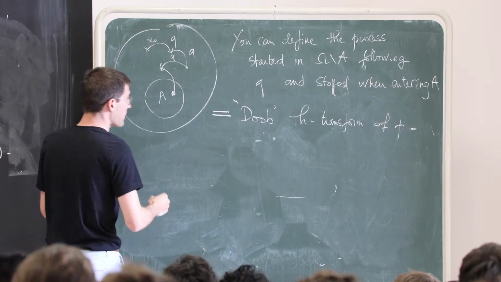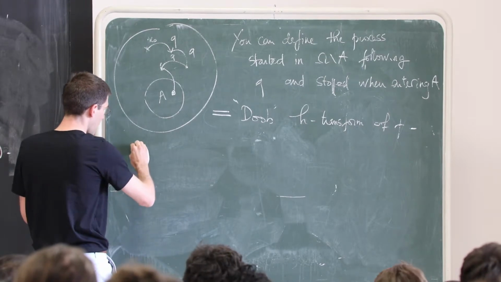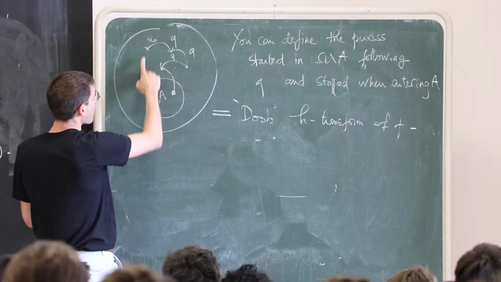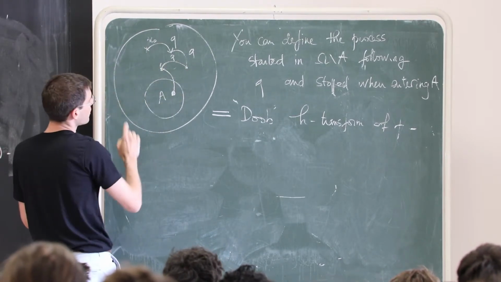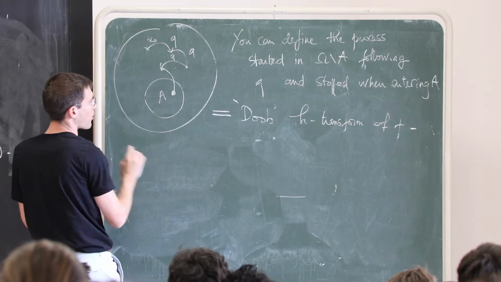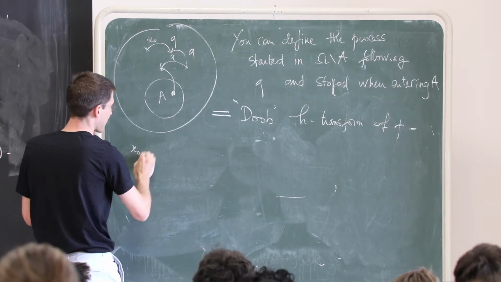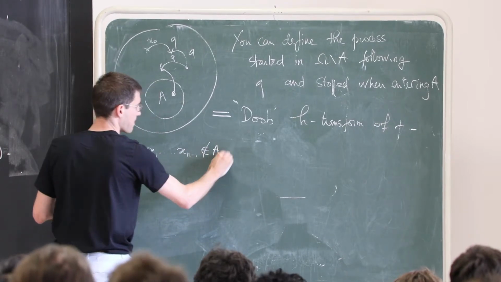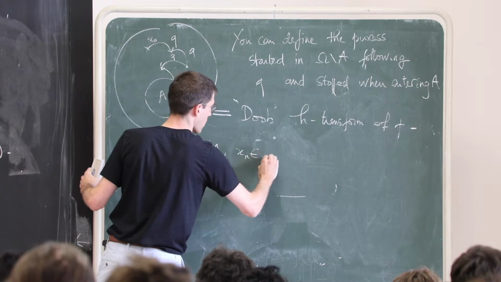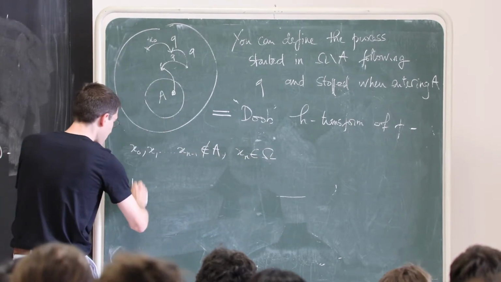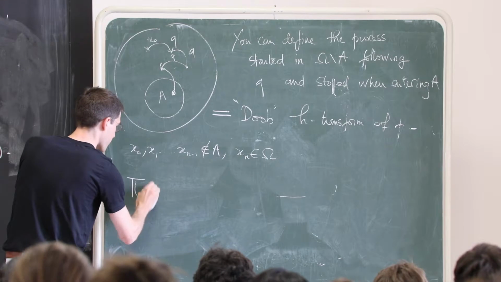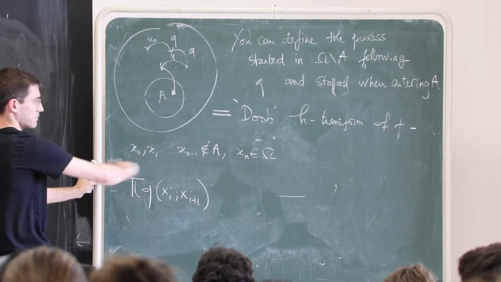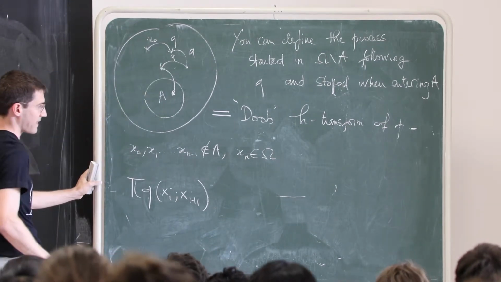And it's very easy to check that for this new process, what is the probability that you end up at some particular point after n steps? So if you fix x0, x1, up to xn minus 1 not in A, and xn can be wherever, what is the probability that you follow those transitions Q, that is, you start with x0 and you end up at xn?